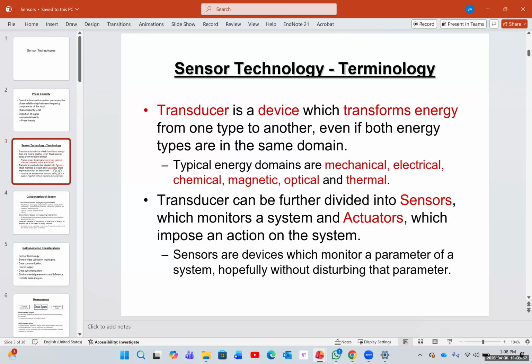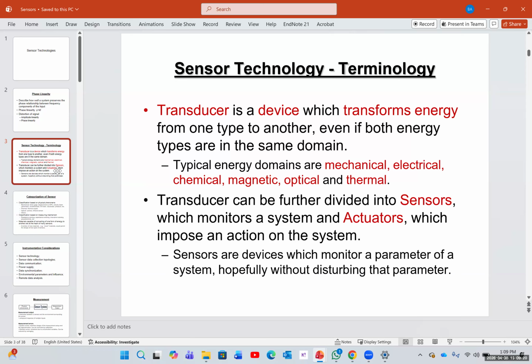We also spoke about some terminology of sensors, like what a transducer is. A transducer is a device that converts one form of energy to another form of energy. Converting voltage to current, or current to voltage, is also considered a transducer. We do that using op amps.